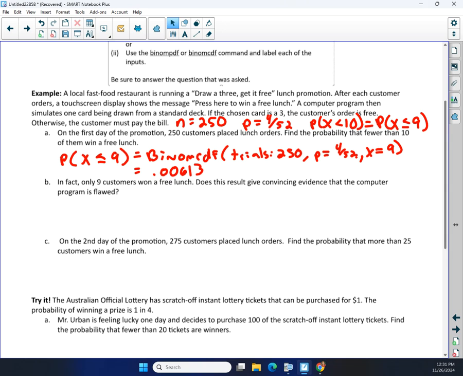In fact, only 9 customers won a free lunch. Does this result give convincing evidence that the computer program is flawed?